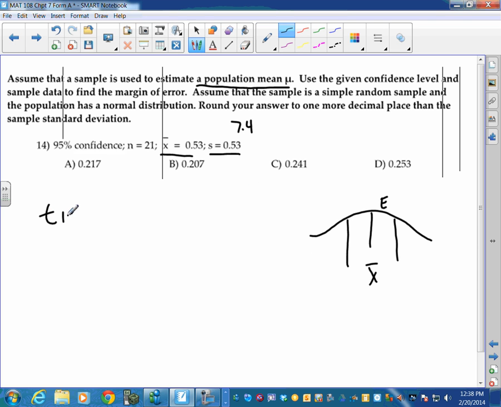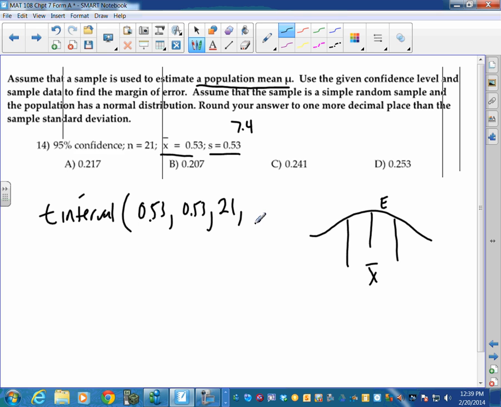T interval is under, I believe, second or stat and then test. X bar is 0.53, S is 0.53, they're the same, interesting. N is 21.